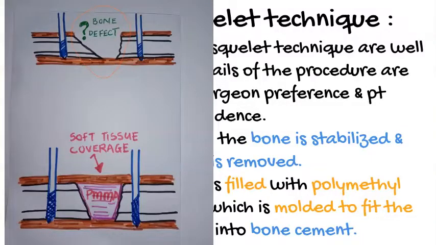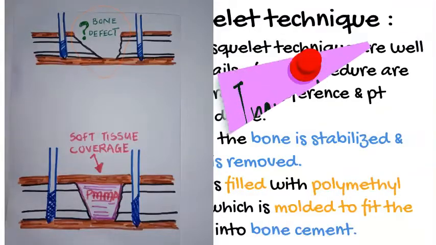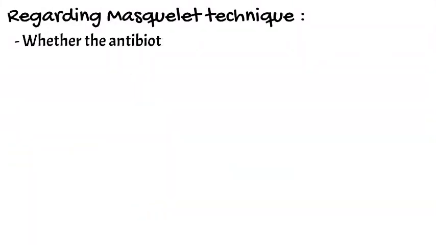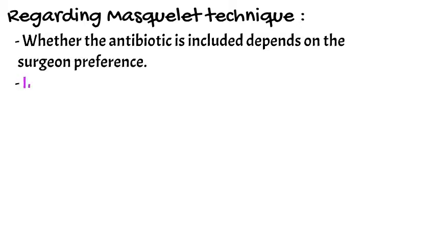This picture illustrates the filling of the bone defect with polymethyl methacrylate (PMMA) and soft tissue coverage. Whether antibiotic is included depends on the surgeon's preference.